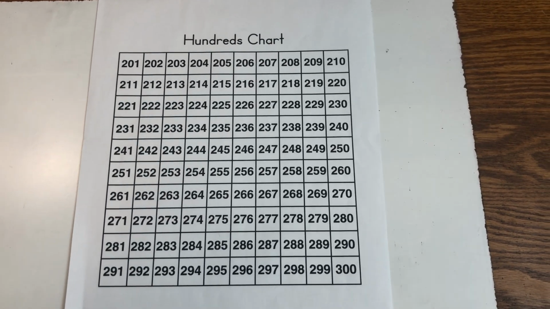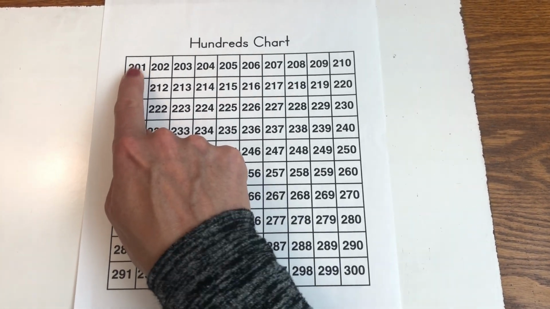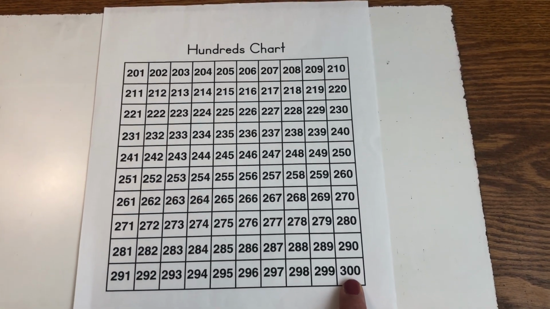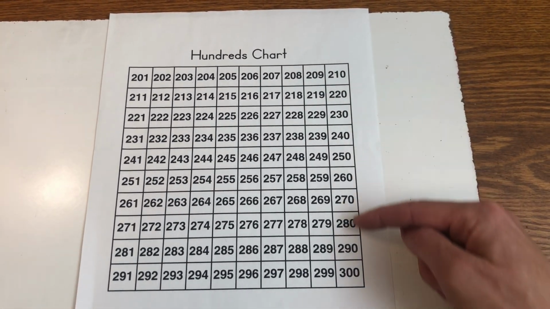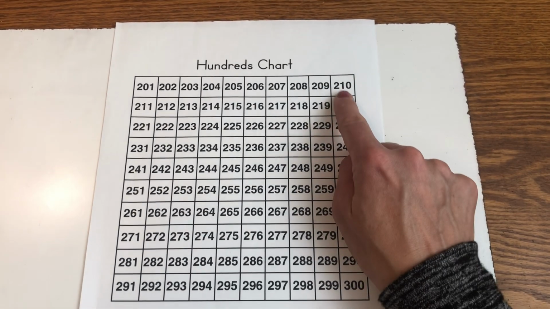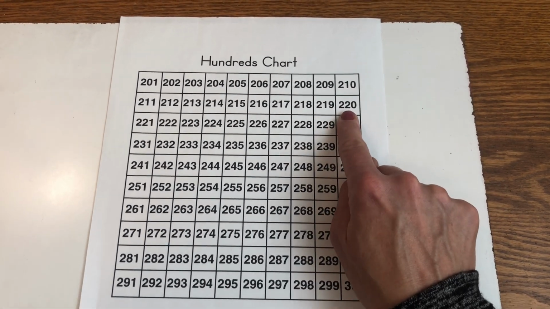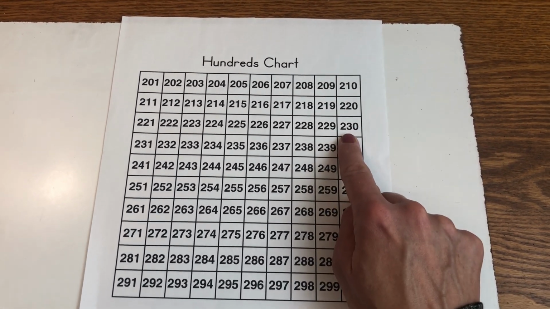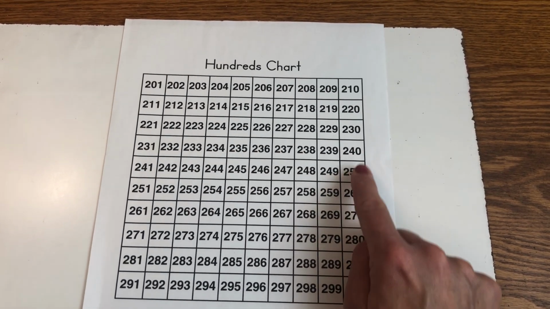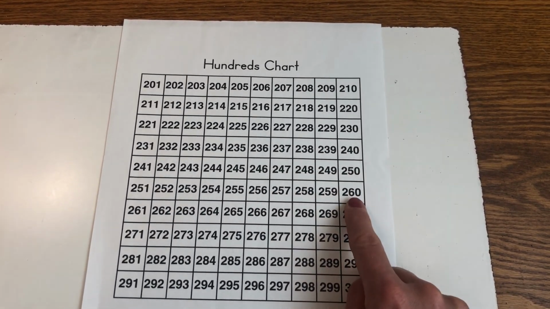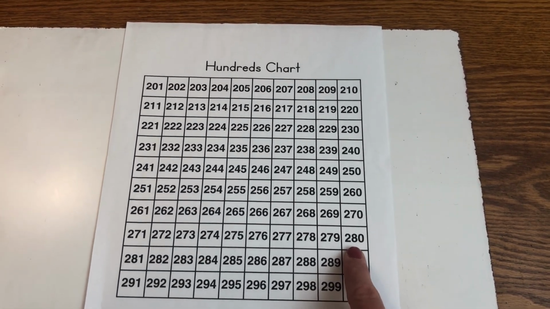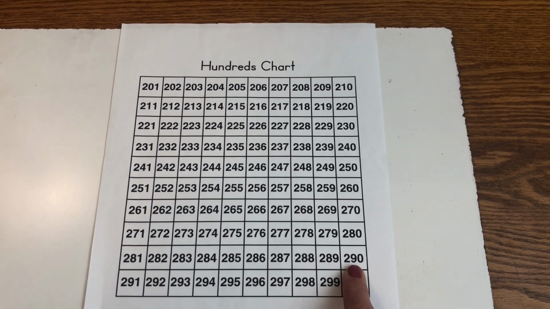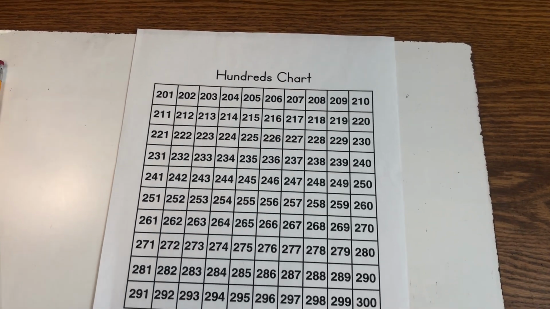My last hundreds chart goes from 201 all the way up to 300. Let's count by tens in the 210 column. Here we go. 210, 220, 230, 240, 250, 260, 270, 280, 290, 300.